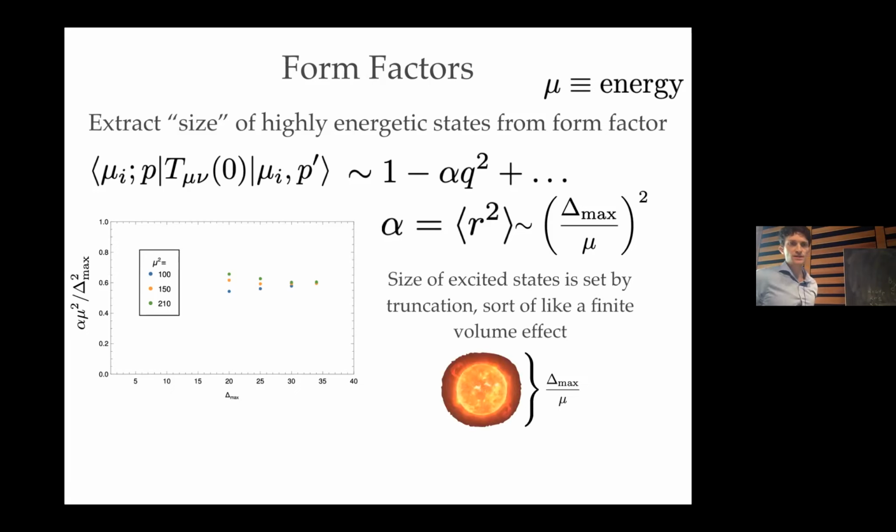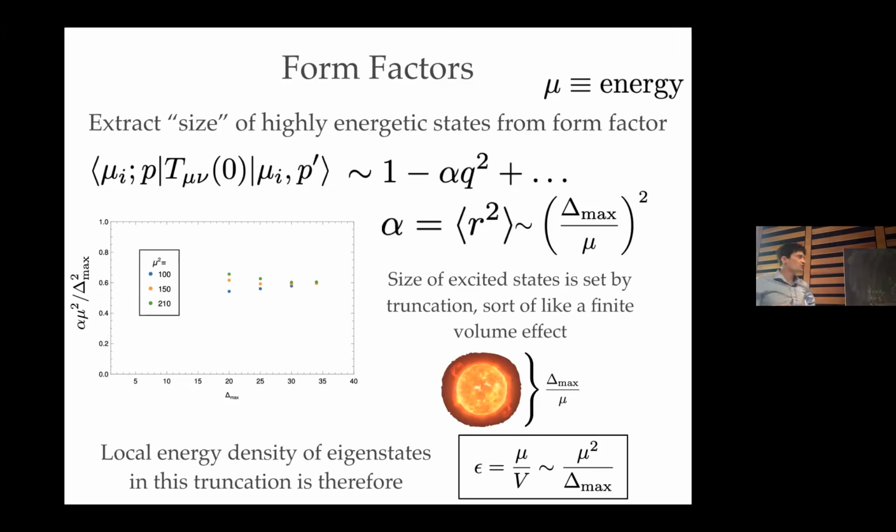So what that tells us is that these excited states have a size which is set by a combination of their energy and the truncation. This is like a finite volume effect. You can think of it like we took a ball of gas and put it inside a box, and the box is this size. That's important because we want to know the volume of the states, since we're usually more interested in the energy density than the total energy of the state if we want to do thermodynamics.